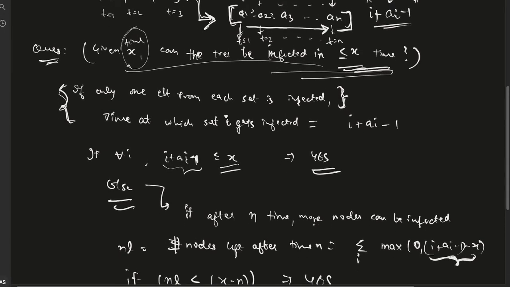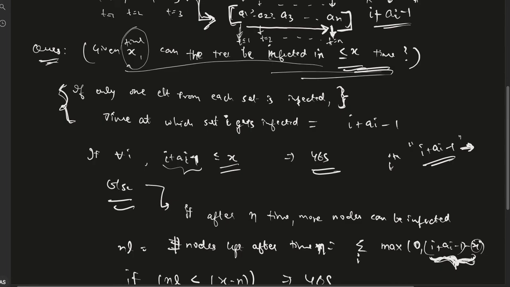After time n, the number of nodes left in the ith set would be i + ai - 1 - x, where i + ai - 1 is the time required for the nodes to be exhausted, while x is the time given in the question.